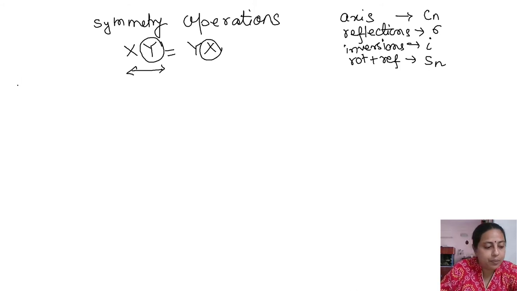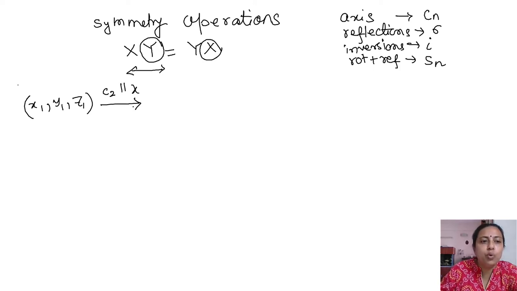As an example, let me take a C2 parallel to X. If you do a C2 parallel to X, that means the X coordinate won't be changing and the Y and the Z coordinates would be altering.